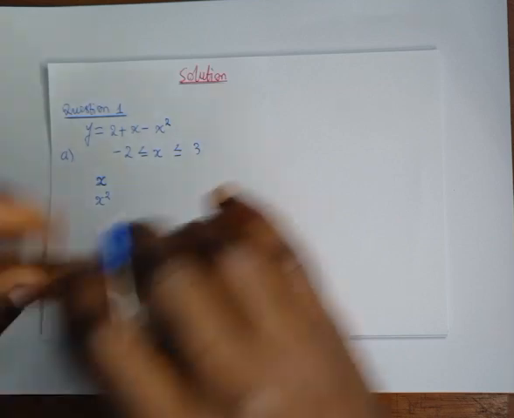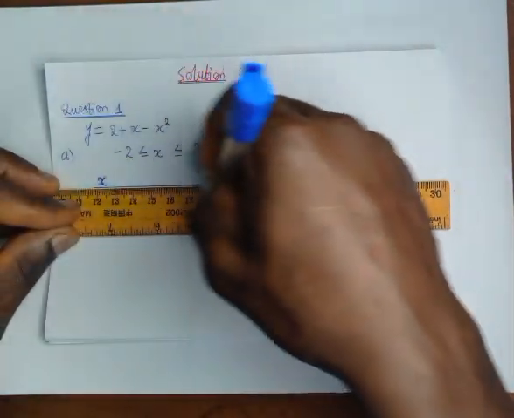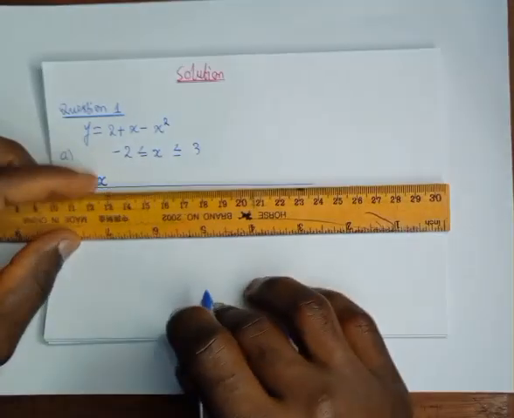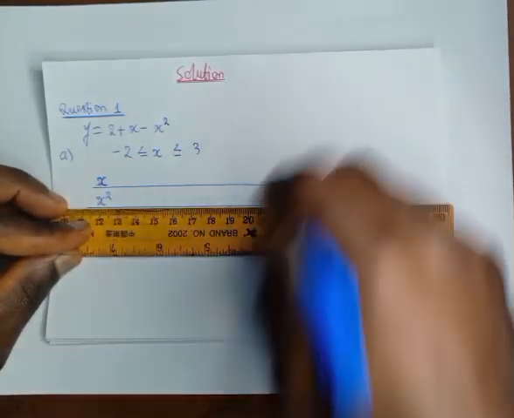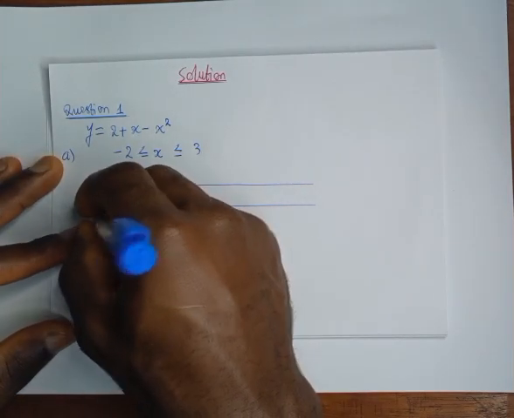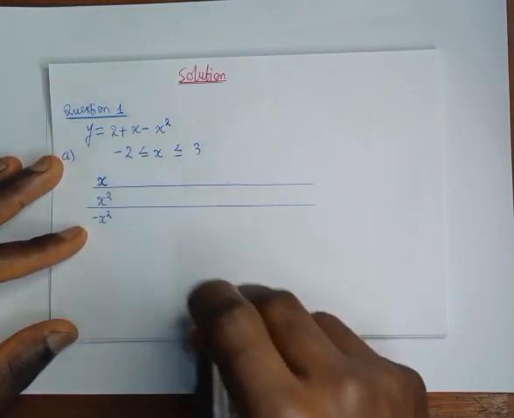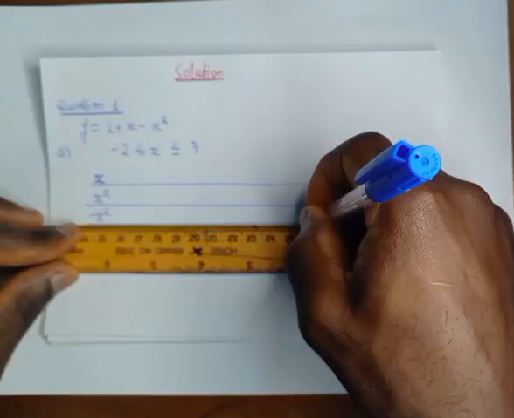We'll partition them. The next row will carry values for negative x squared. For us to get negative x squared, we need x squared.